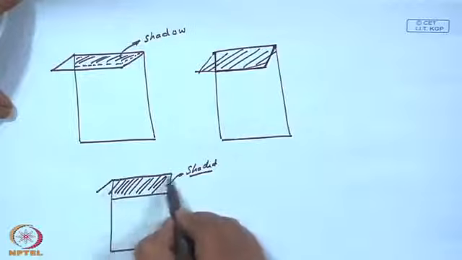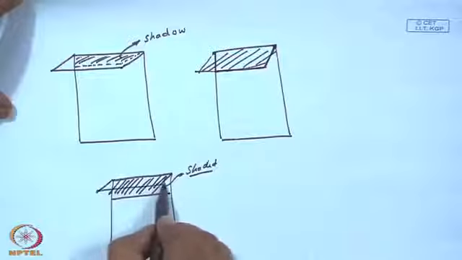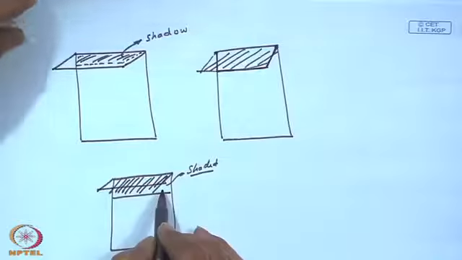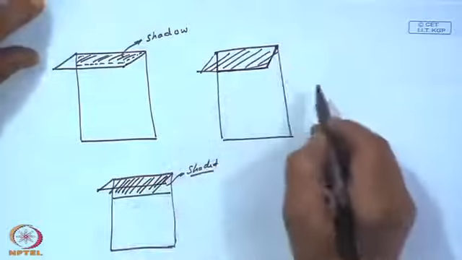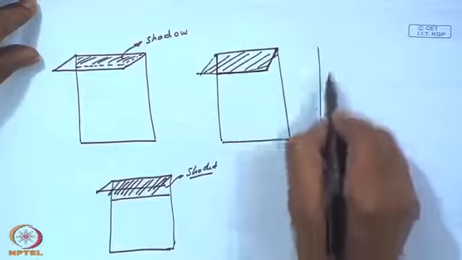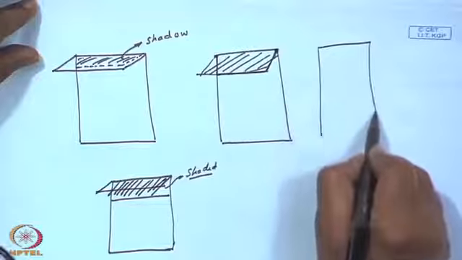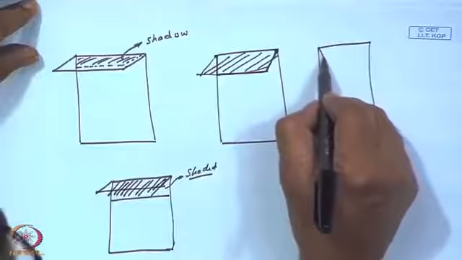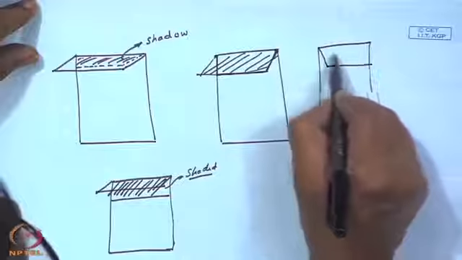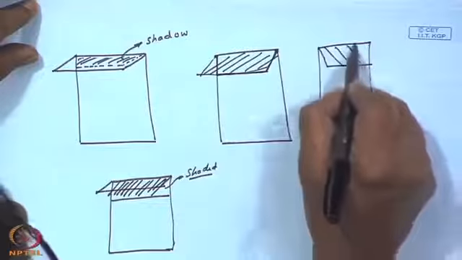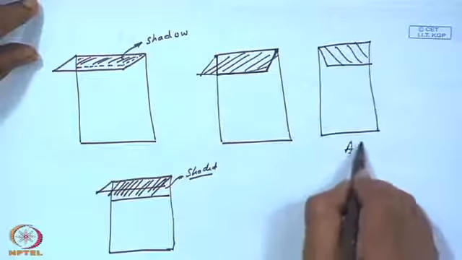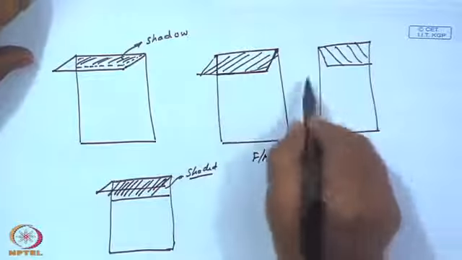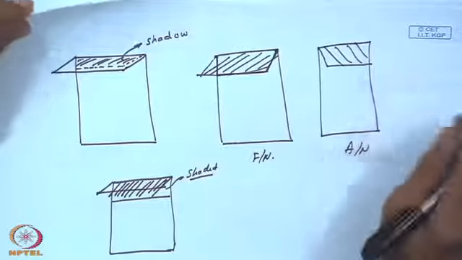If the overhang is equal to the width of the window, I will just have a rectangular thing. But this could be the forenoon, and this may be afternoon. So, if this is east, this is west. Okay.